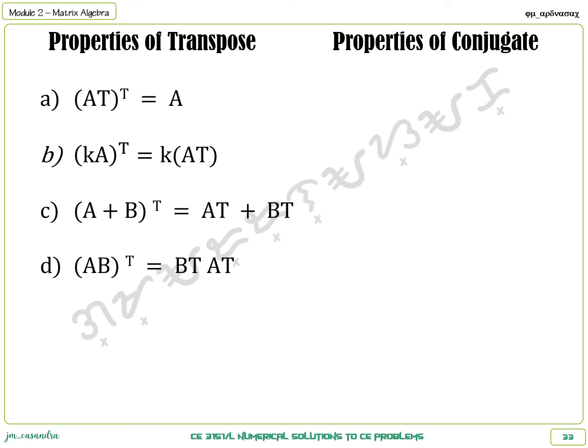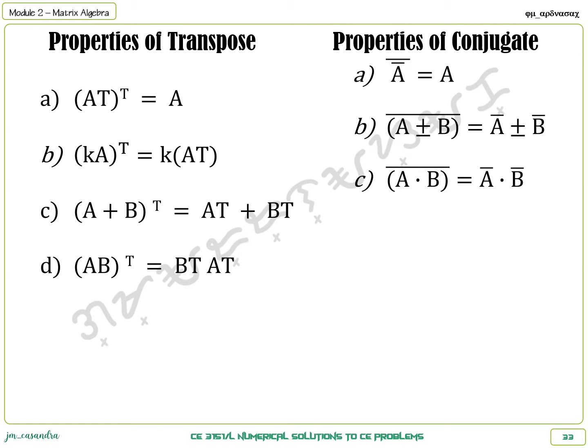And then the properties for a conjugate. The first one is that the conjugate of the conjugate will result in the original matrix. The conjugate of the sum or the difference of two matrices is equal to the sum or the difference of their individual conjugates. Also, the conjugate of the product of two matrices is equal to the product of the individual conjugates.